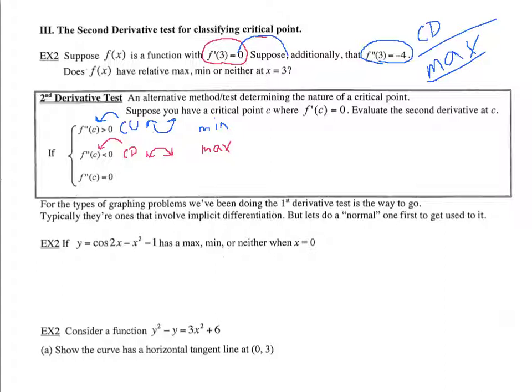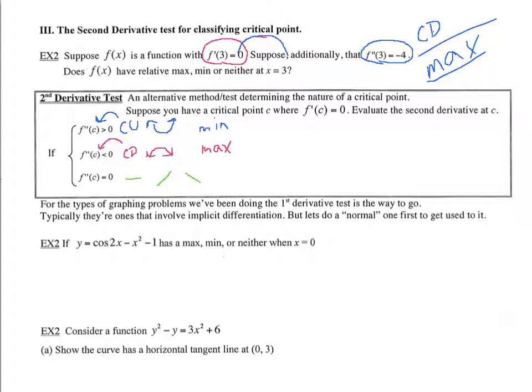And then finally, if the second derivative is 0, what that means is that we have no change in concavity at that point. If we have no change in concavity at that point, we have something which is linear. So it could be that we are horizontal. It could be that we have positive slope, negative slope, whatever.